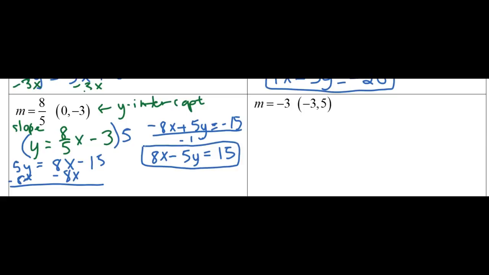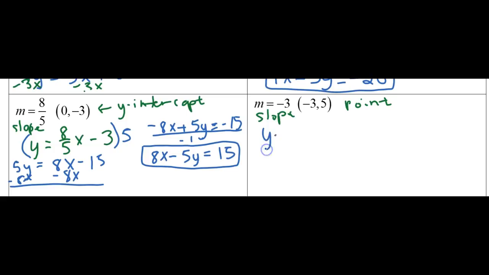The next problem we notice here that we are given a slope and a point. This time it is not the y-intercept because x does not equal 0. So since I'm given a slope and a point, I can put this in point-slope form.